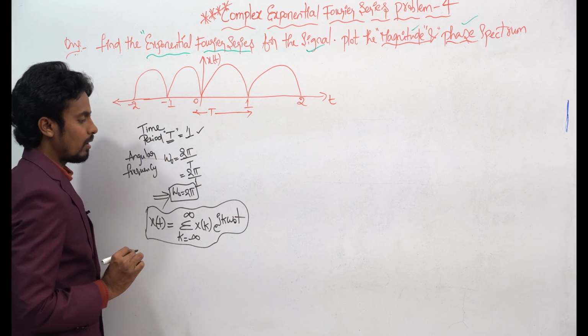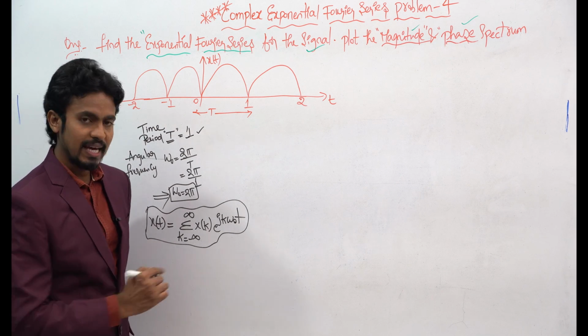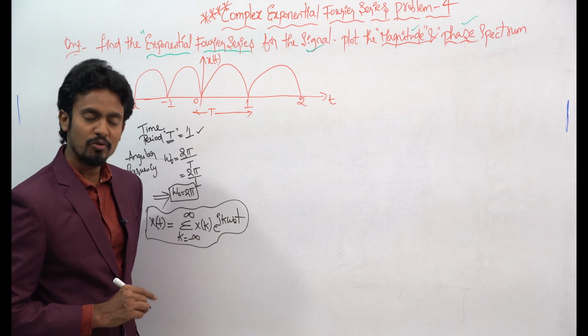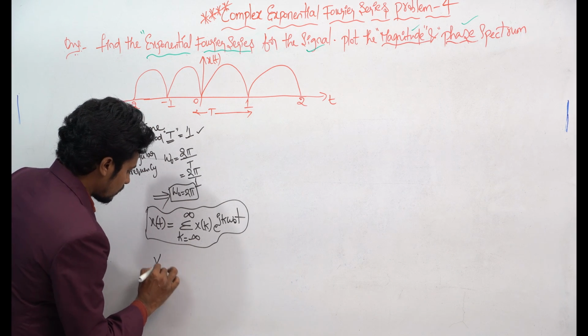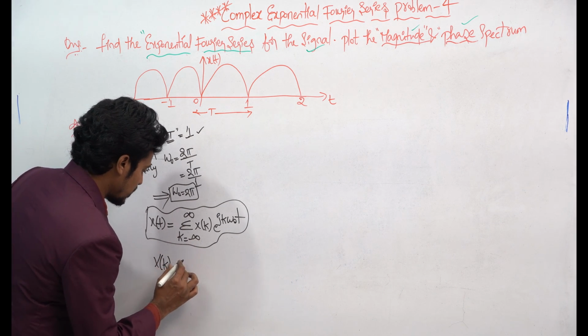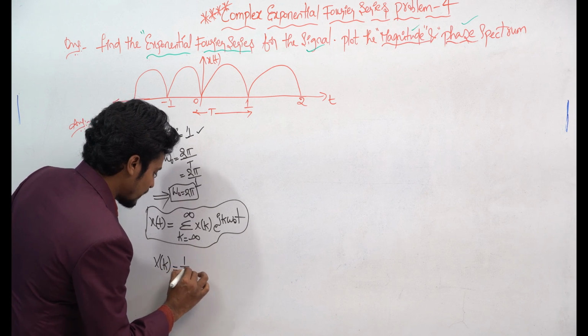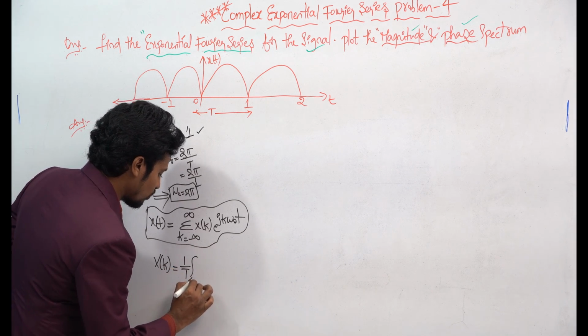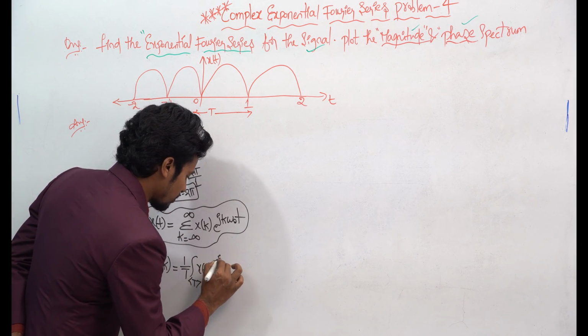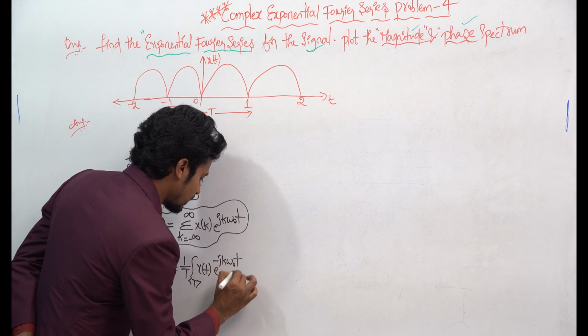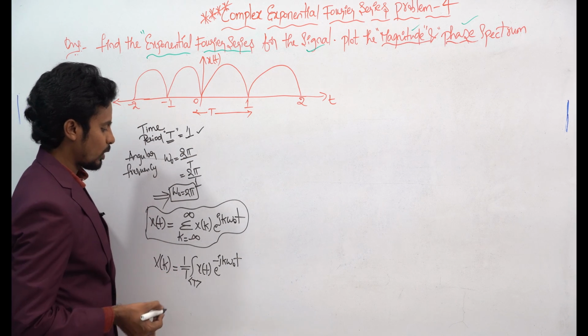What will be the formula for X of k? X of k is equal to 1 divided by the time period, integral over the time period T of x of t into e power minus jk omega naught t dt.